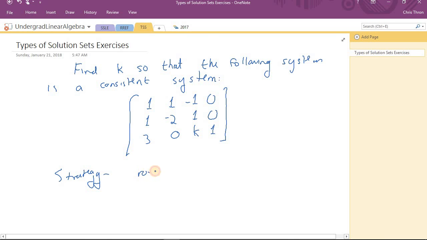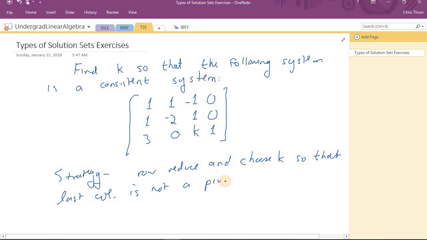You want to row reduce and choose k so that the last column is not a pivot column. That's a very straightforward strategy. Just row reduce, and then make sure that the last column is not a pivot column.